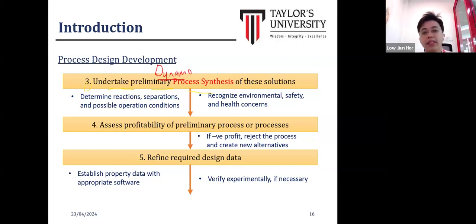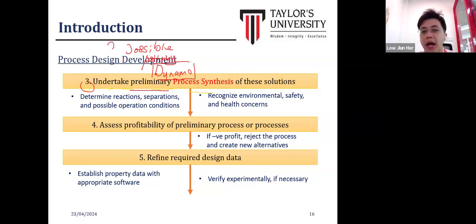Now in step 3, it is time to identify all the possible pathways, systems or processes that we can apply to produce the dynamo. This is what we call preliminary process synthesis.